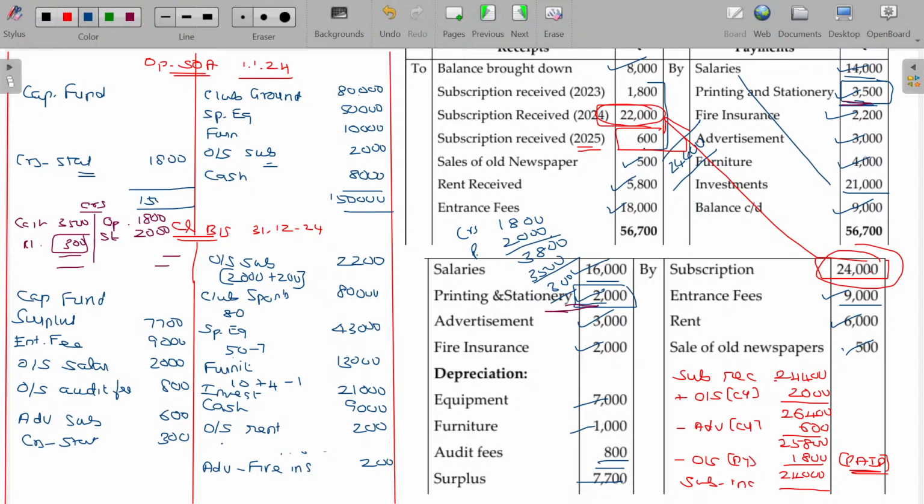If I ask you total, you have to tell me total. Capital fund being the balancing figure 1,48,200. Transfer here 1,48,200. Get me the total and verify the total is agreeing. 1,68,600. Hope now it's agreeing, right? Clear?